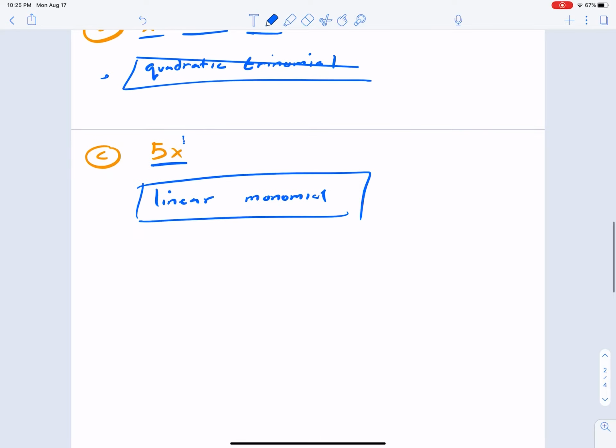Okay? All right, here's one more just to make sure. Let's do negative 2x cubed plus 3x squared minus 4x plus 16. Go ahead and try that. Pause and then play when you're ready to reveal the answer, okay?